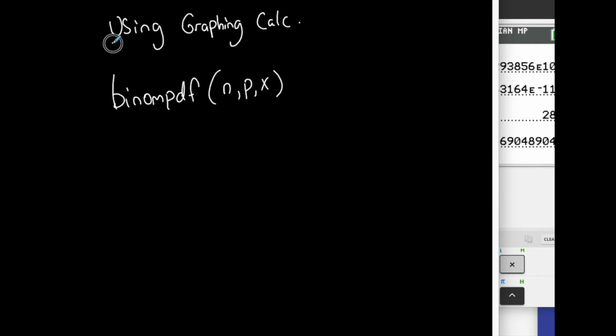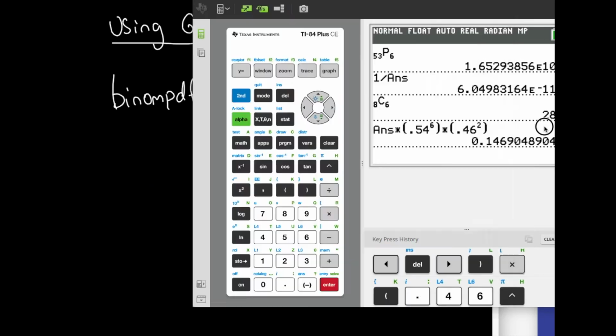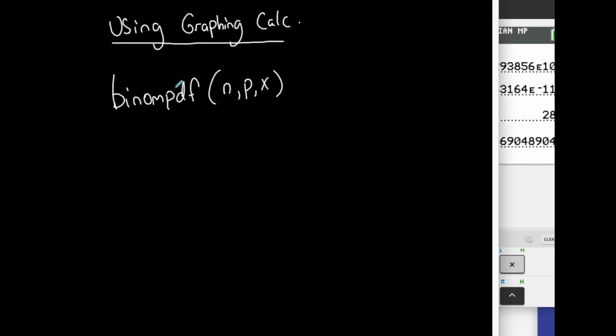Now I'm going to show you how to do the same calculation using what we call the graphing calculator. This is the TI 83, 84. The one that I'm showing is the 84 Plus E, but they all have the same kind of buttons anyway. What we're looking for is binomPDF(n,p,x).